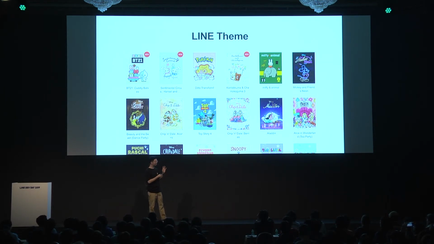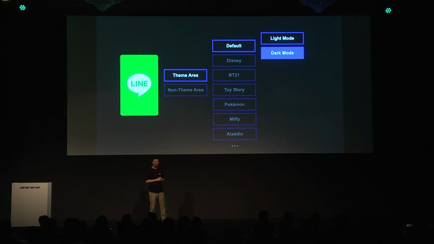Do we really need to design dark mode for every theme in Line Market? It will take forever. So our discussions, our results are like this. We thought that we don't need to support all the themes, but we will support the default theme only. And what we're gonna do as designers is that we will redesign the dark mode only.